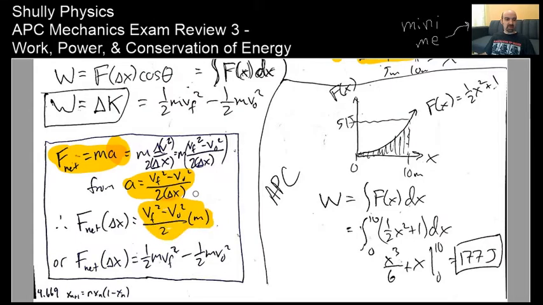And what I've done here is I've brought this delta x up to the F. So we get F times delta x equals this change in velocity squared times mass over 2. And just reorder that, and you get what's called the Work-Kinetic Energy Theorem right in there.